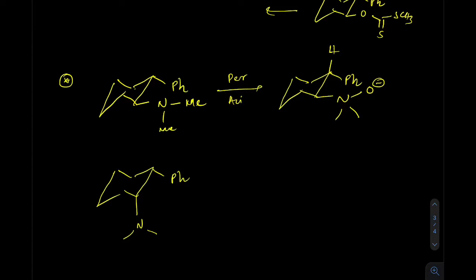It also takes the cis hydrogen because this is a basic center. After forming this type of structure, it can take this hydrogen or this cis hydrogen and form two products as previous.